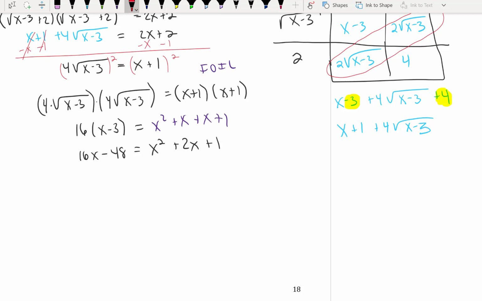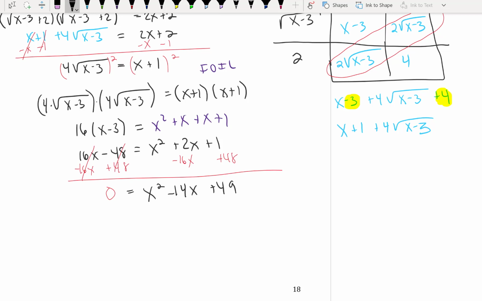And now I'm going to set this equal to 0. So minus 16x to both sides and add 48 to both sides. So this entire side cancels. I'm left with an x squared, and negative 16 plus 2 gives me a negative 14x, and 48 plus 1 gives me a positive 49.